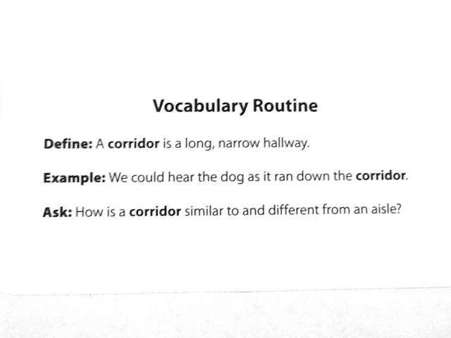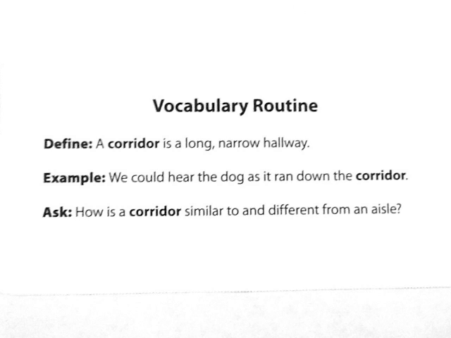All right. Remember, for the question, you got to restate the question in your answer. So when I ask this question, and here's your question, how is a corridor similar to or different from an aisle? So how is it similar to, not or, but and. So I need a little bit of how it's similar, and I need something about how it's different from an aisle.